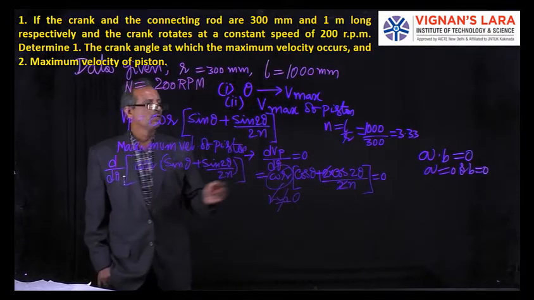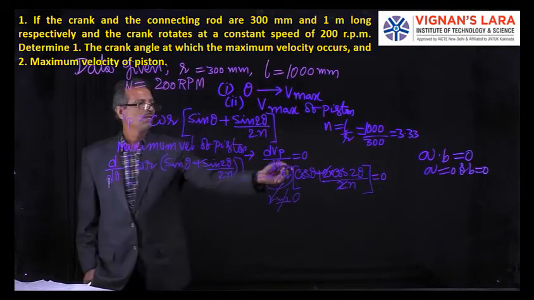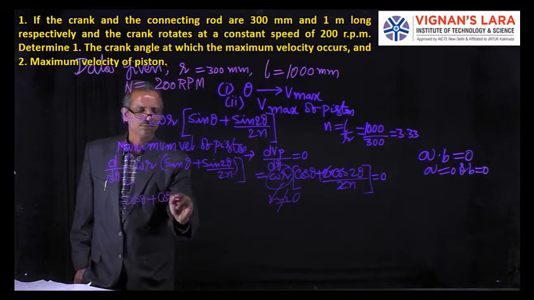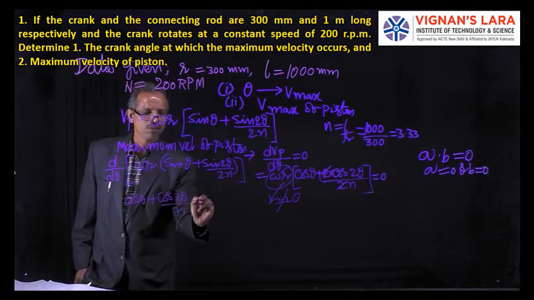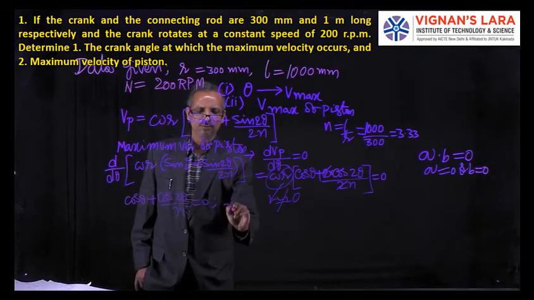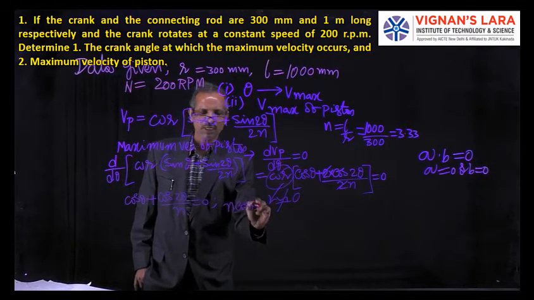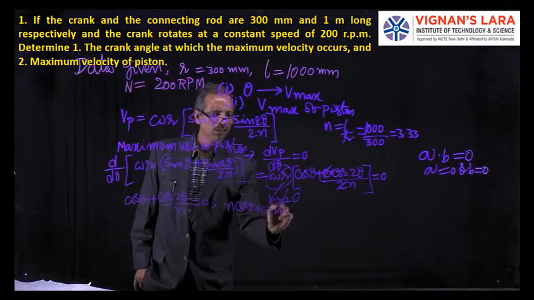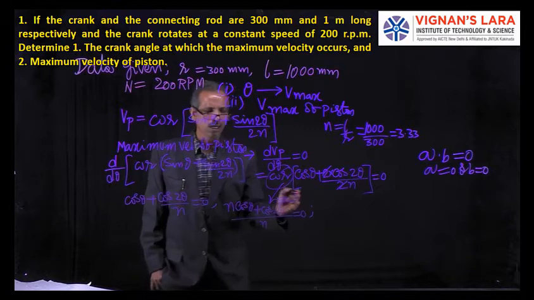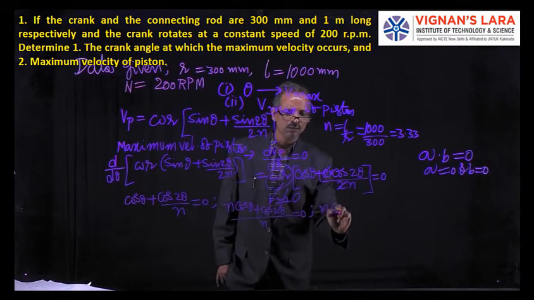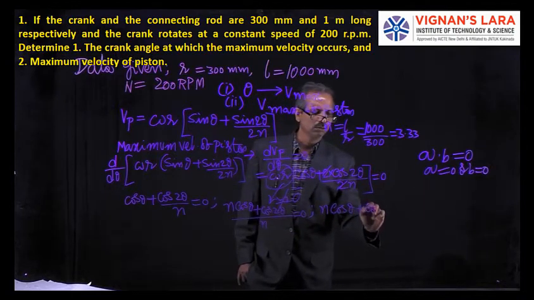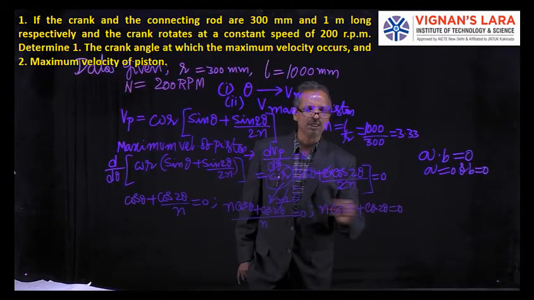So cos theta plus cos 2 theta by n is 0. I can write n cos theta plus cos 2 theta is 0, cross multiplied.